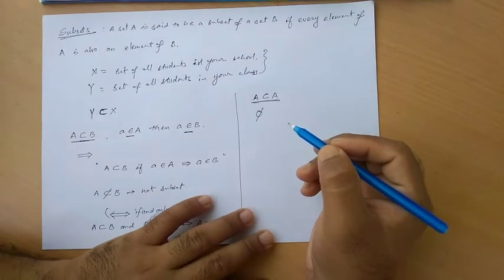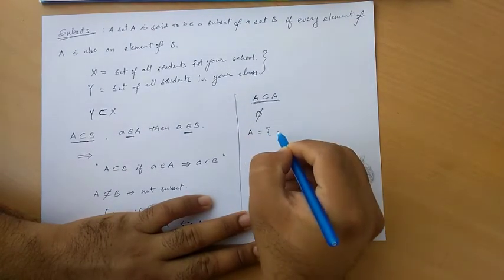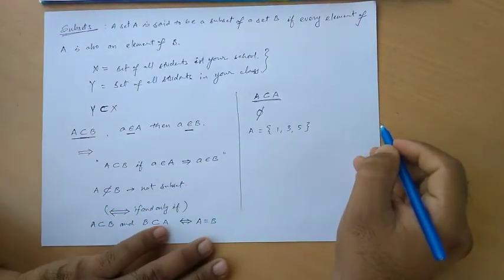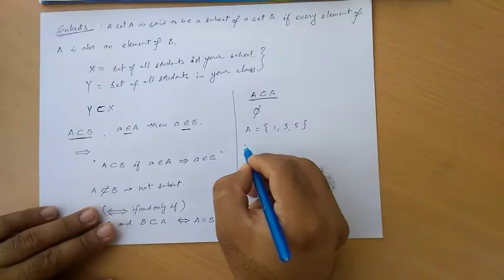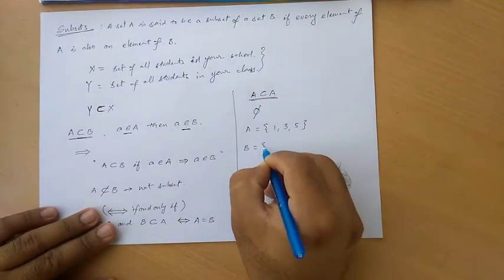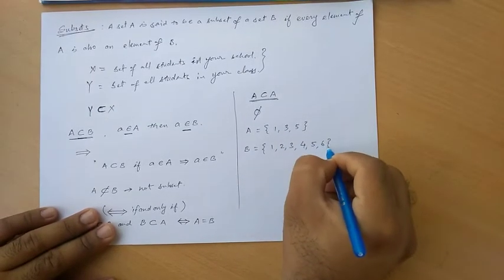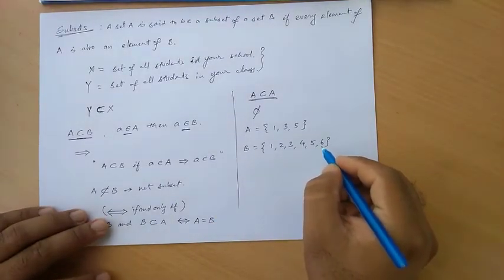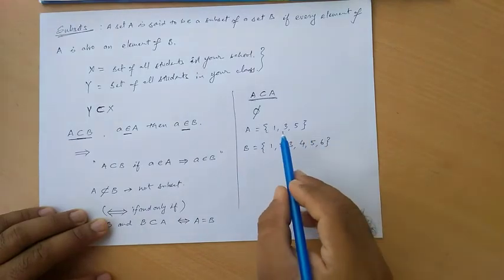If I take an example, let us say set A is equal to 1, 3, 5, the odd numbers less than 6, and set B is equal to 1, 2, 3, 4, 5, 6, the natural numbers less than or equal to 6.